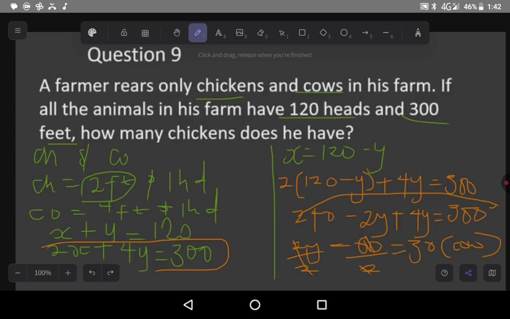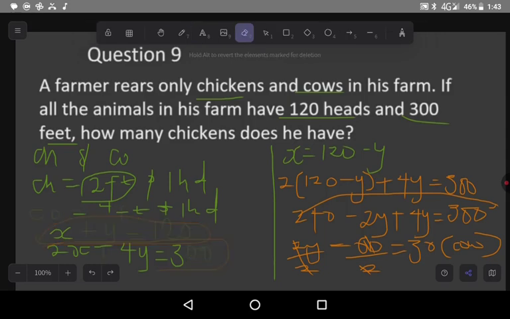Let me mark it. Can you see it now? I can put it here. So x plus y equal to 120. That is, the y is 30. So I'm going to clean that side.